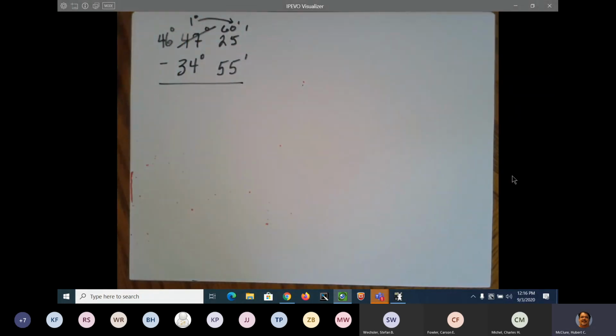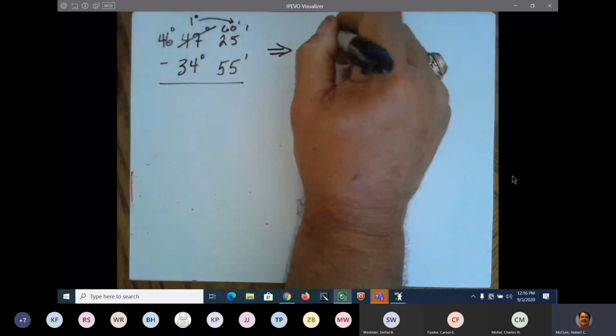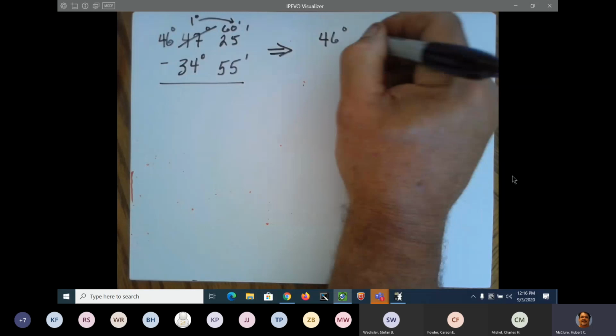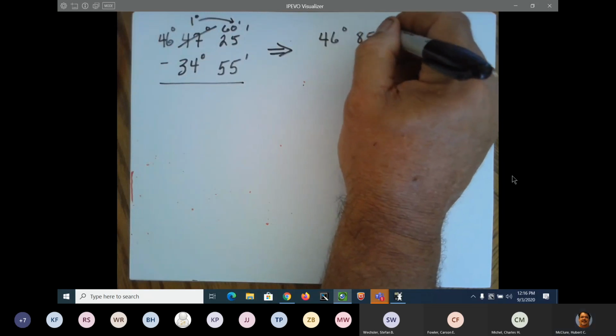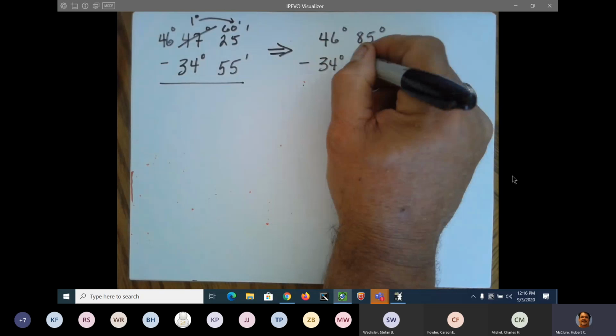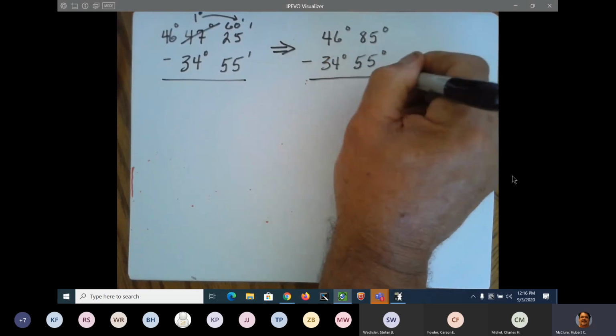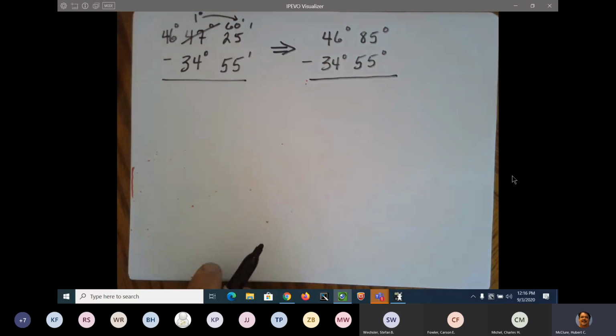And when you do that, you change the whole problem to 46 degrees, 85 minutes, minus 34 degrees and 55 minutes. And now you're ready to lock and load. So go ahead and finish it.